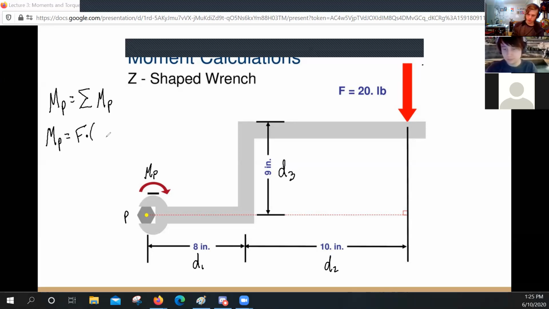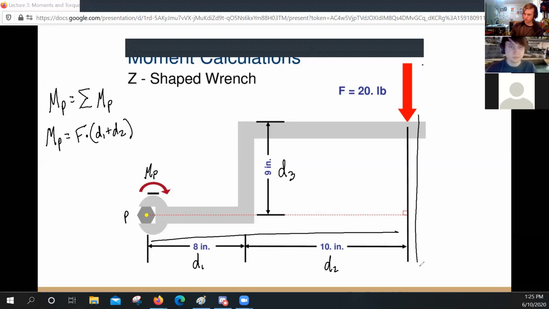So we know that force times D1 plus D2 equals the first moment, right? Because this is the distance here, D1 plus D2, times its perpendicular force. So we know that this equals 20 times 8 plus 10.